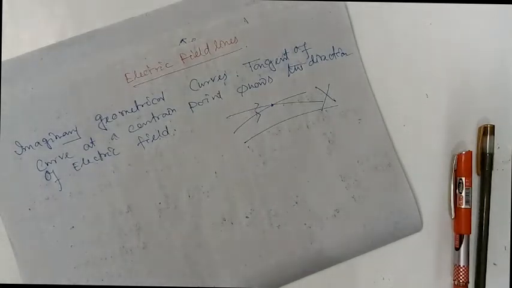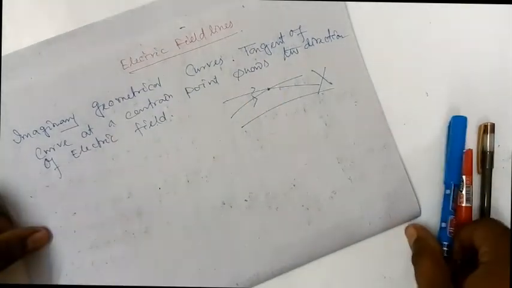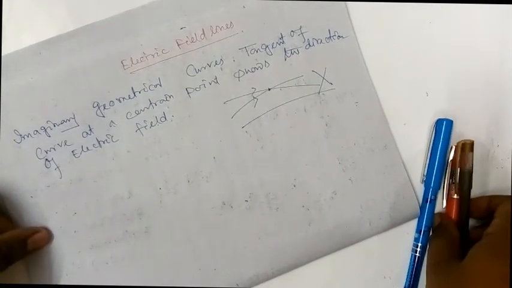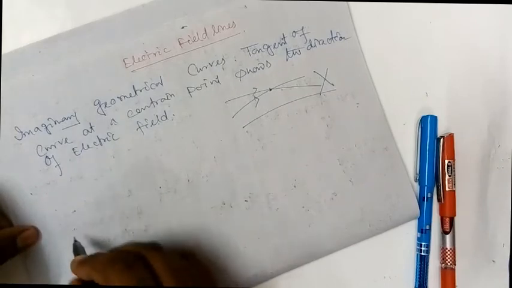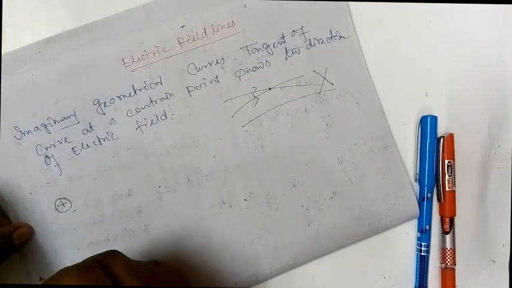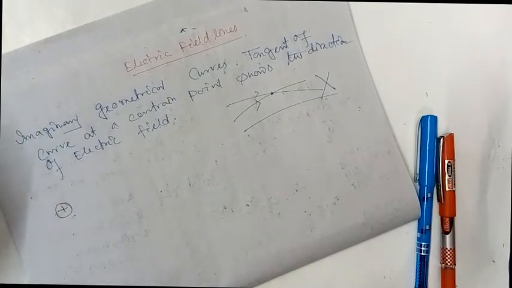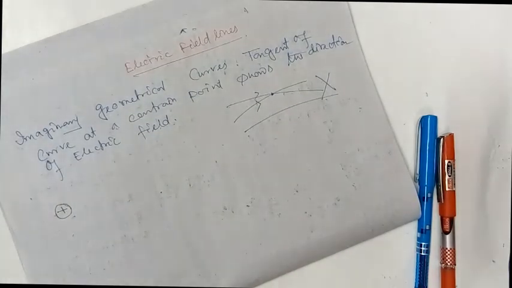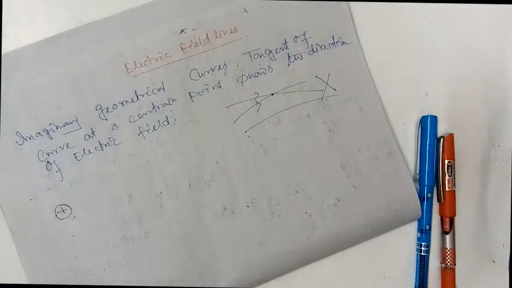So instead of only talking, if I express it with a diagram, it will be easy for you to understand. See, if it is a positive charge, what will be the electric field? To find the electric field lines, we keep one small positive charge near the main charge.